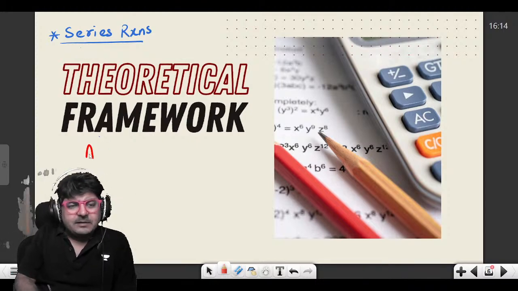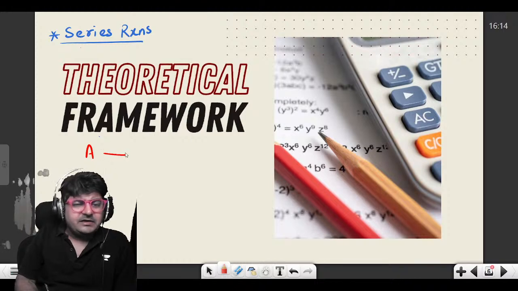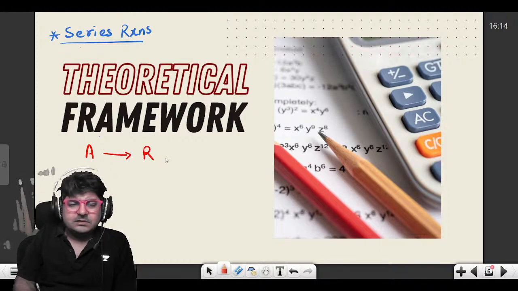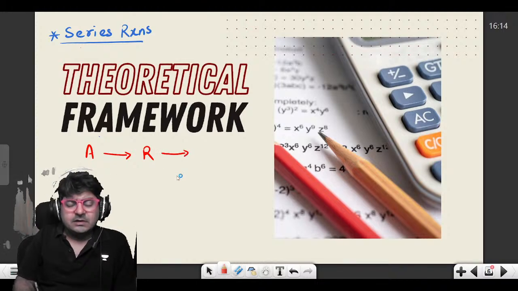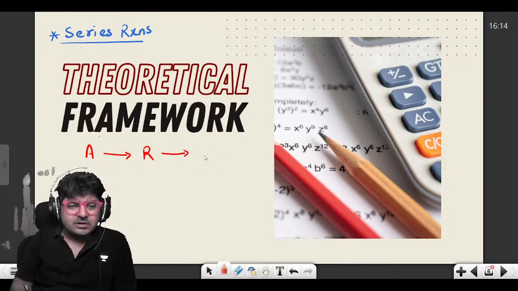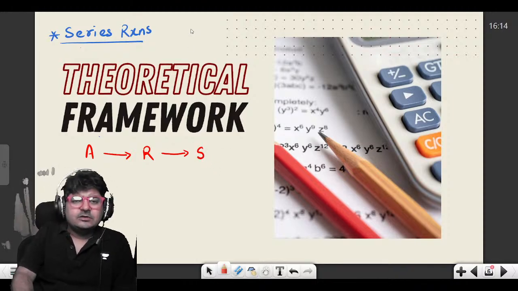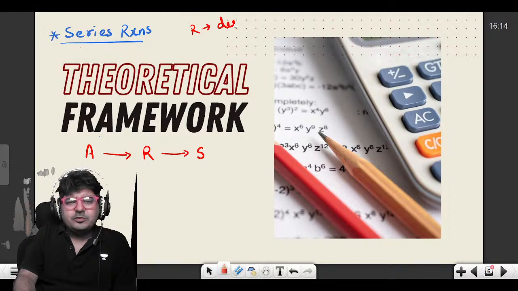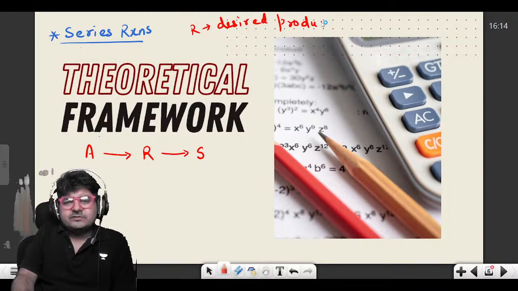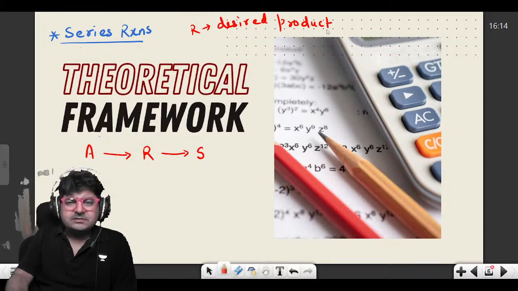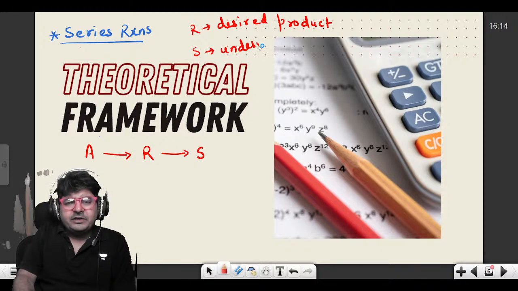For example, A is the reactant, it converts into R, the desired product, and further this desired product R decomposes or converts into some undesired product S. Here R is our desired product, and desired products are those for which you are doing the reaction, and undesired products are those which you never wanted to have but are still getting formed.